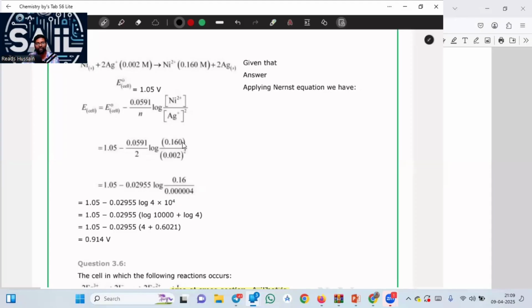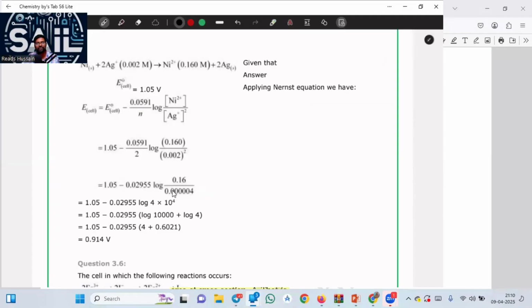So if you modify this, 0.002 squared becomes 0.00000 4. Here 2 zeros become 4 zeros because we are squaring. 2 squared becomes 4. Okay, you modify yourself, then you will get the correct answer.